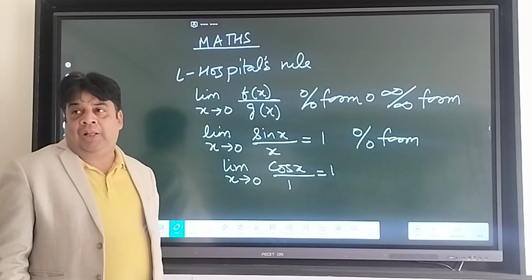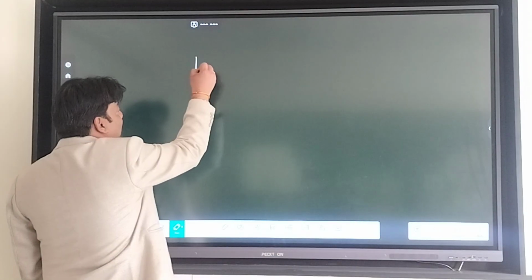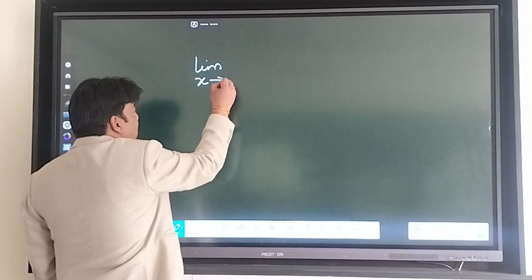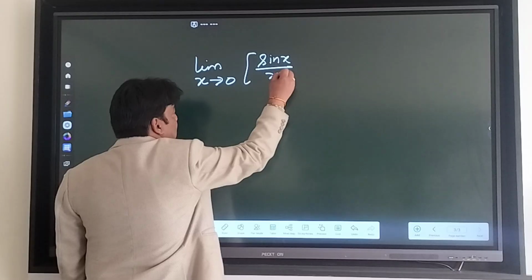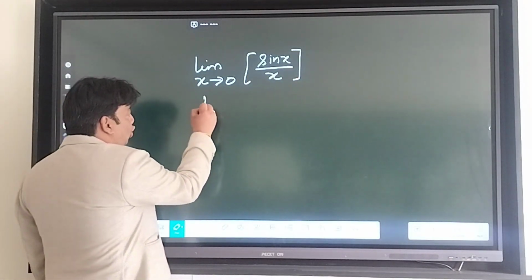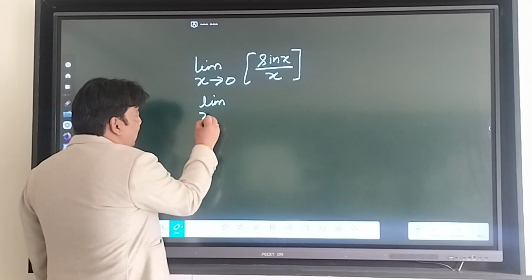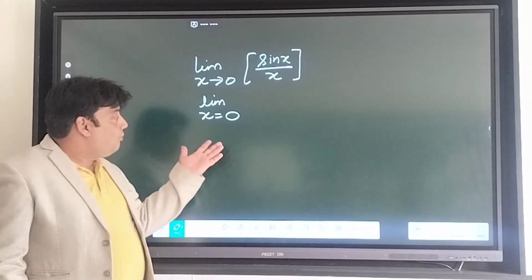Now what I want to explain is, suppose I apply this here and write limit x tends to 0, greatest integer of sin x by x, which I want to find out. Earlier also I have told you that you might not have seen a question like this with x equal to 0, because it is meaningless.